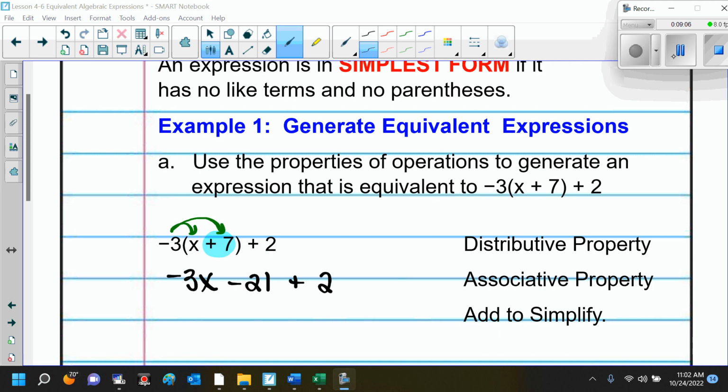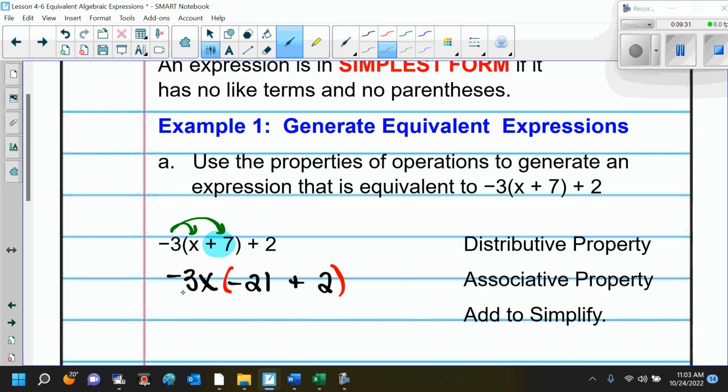So here we want to identify the terms that we want to put together. What numbers can I combine? What terms can I combine? We can combine the negative 21 and the 2. So we're going to use the associative property to group those. Is everybody with me?